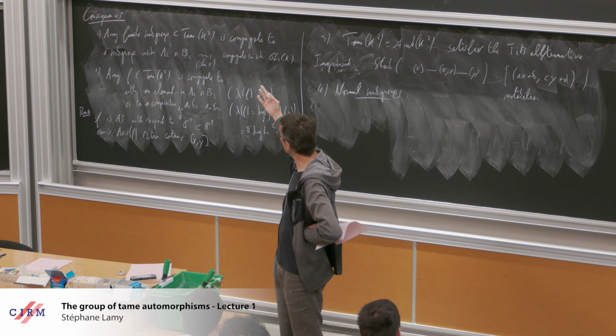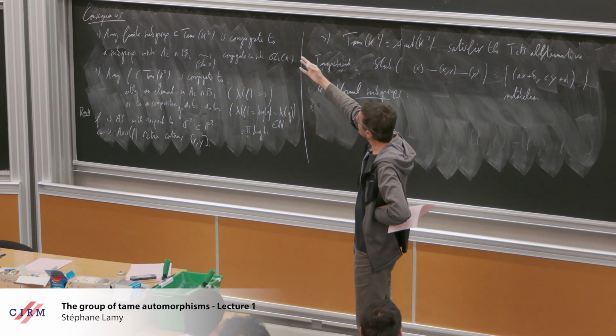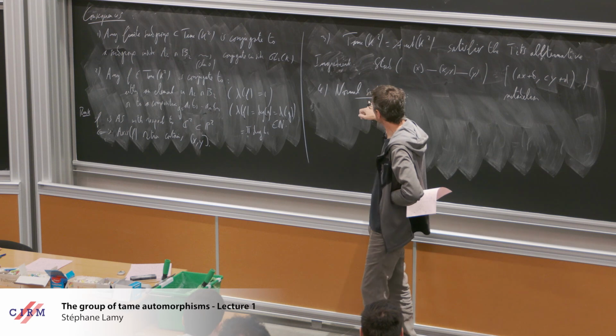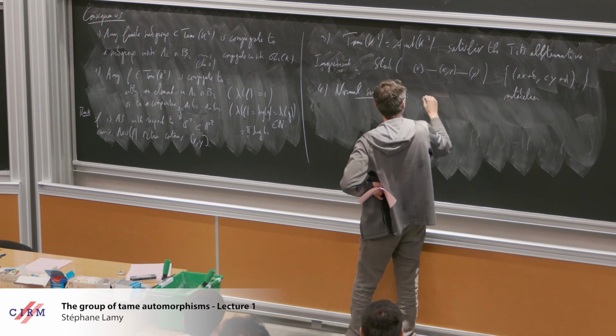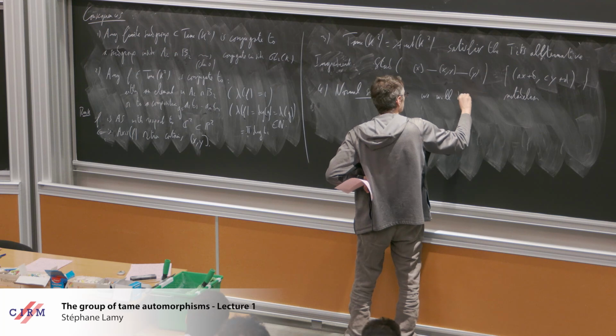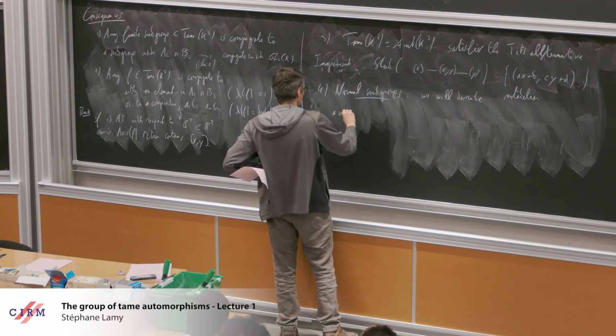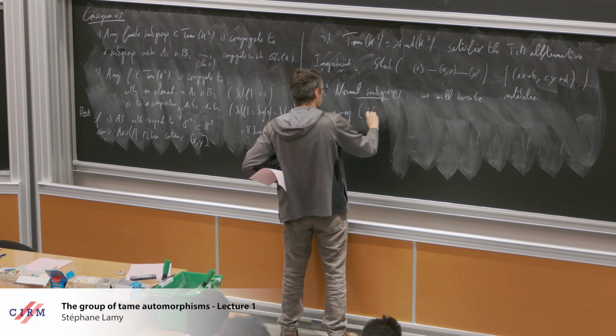Here, for instance, the delta hyperbolic space will be the tree. The group acting will be Tame K2. And there is like a black box. We'll describe a way called small cancellation theory.